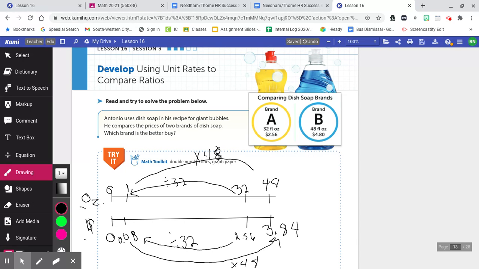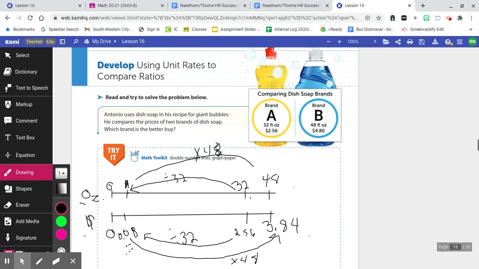So the first thing I did was found the unit rate. So I divided by 32 and I got 8 cents. So 1 ounce is 8 cents. So if I know 1 ounce is 8 cents, I can figure out what 48 ounces would be. So multiply 1 by 48, and I multiplied 8 cents by 48, and I got $3.84.